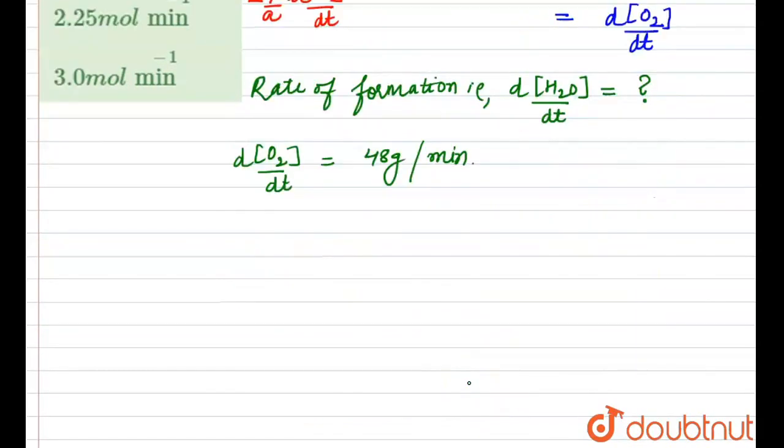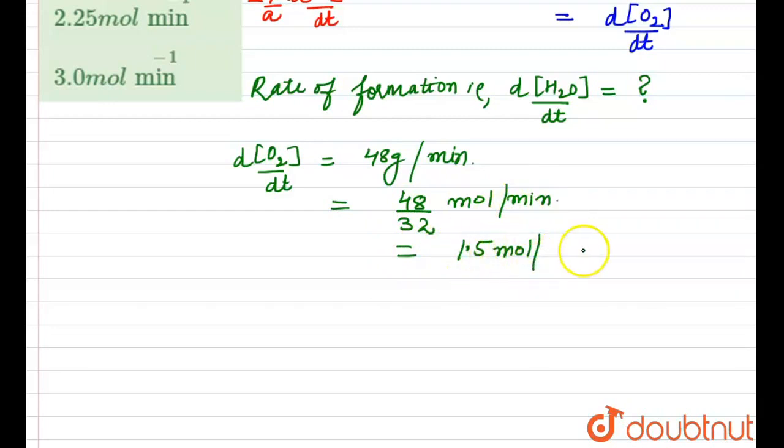It is further equal to 48 divided by 32, that is its molecular mass, moles per minute. On calculating we get 1.5 mole per minute. So this is the formation of oxygen, and we have to find out for water.